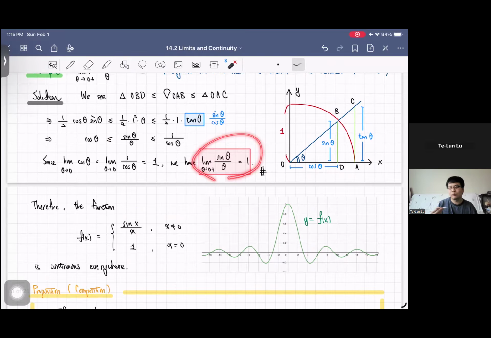So this is a way to define a value that is not defined for a particular function. If we know that the function behaves nicely near a point where it is not defined, then we can simply define the value of that function at the point to be the limit to make sure that it is continuous. That is why it is called a removable discontinuity. We can replace the function value to make it continuous.